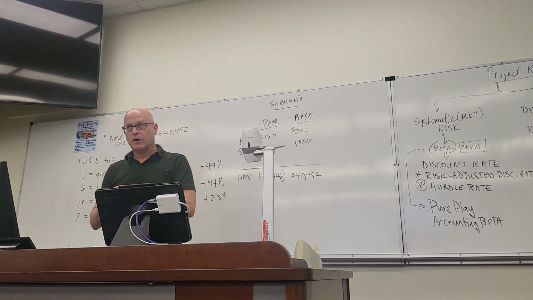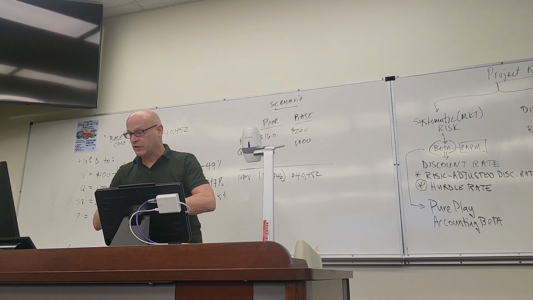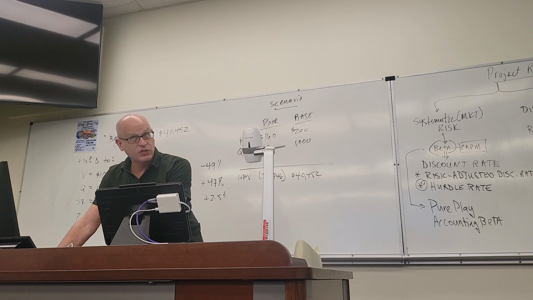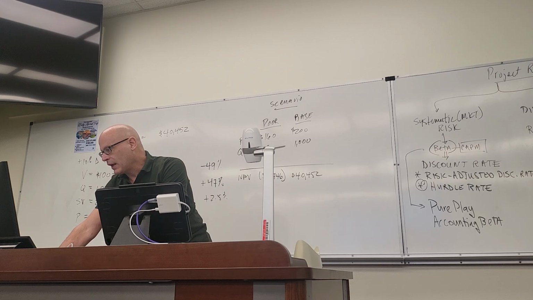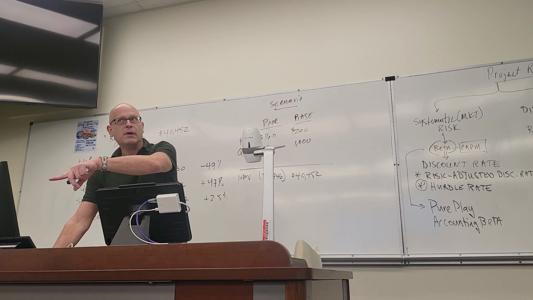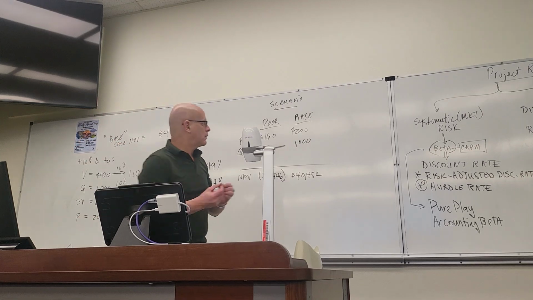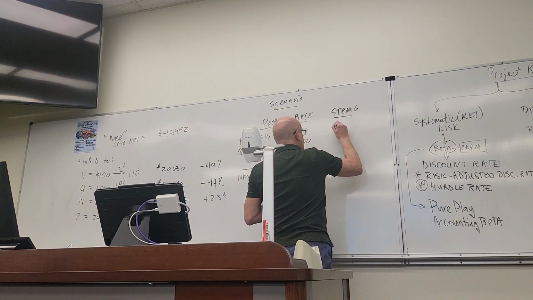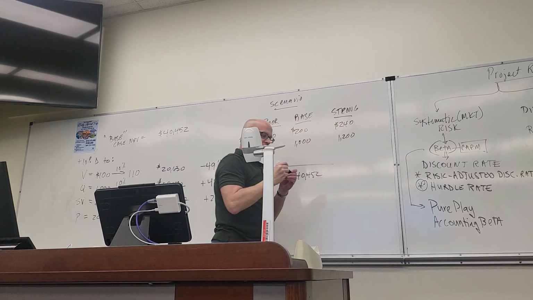Let's go back to the narrative. There was a third scenario that I skipped over. Let's find out what it is. It says there is the possibility of strong consumer response. That's another scenario. In that case, unit sales are 1,200 at a price of 240. There's some other data we'll get in a minute. So strong acceptance, 240 a unit, 1,200 units.